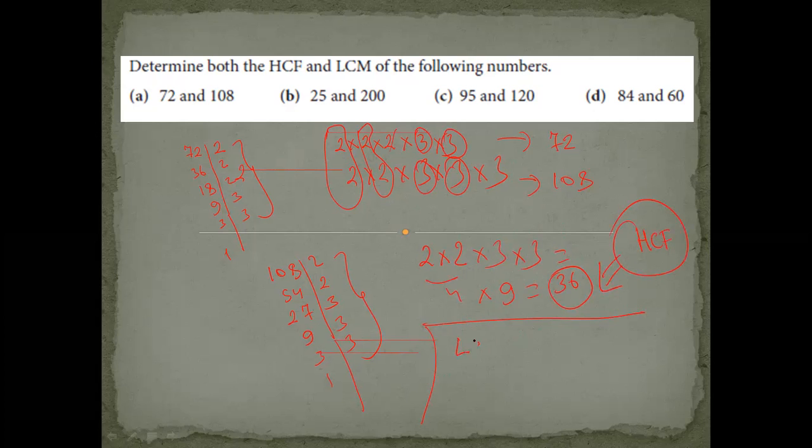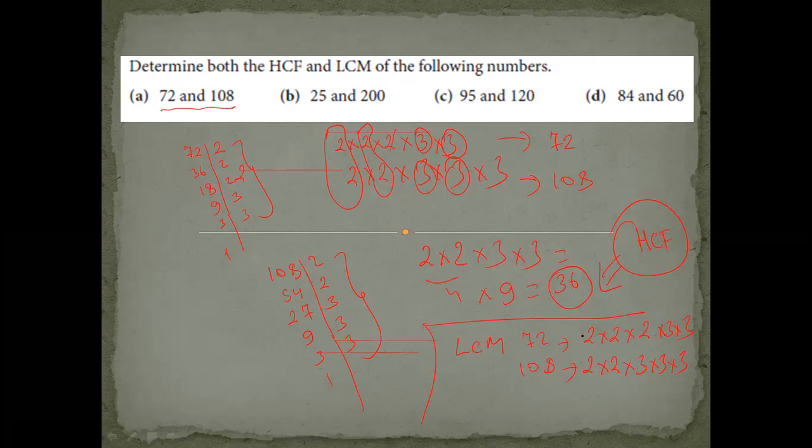And what about LCM? Also the same numbers, okay? How can we do it? Well, let's continue from here. What was the 72 and 108? The prime factors of 72 is 2 times 2 times 2 times 3 times 3. And the prime factors of 108 is 2 times 2 times 3 times 3 times 3.